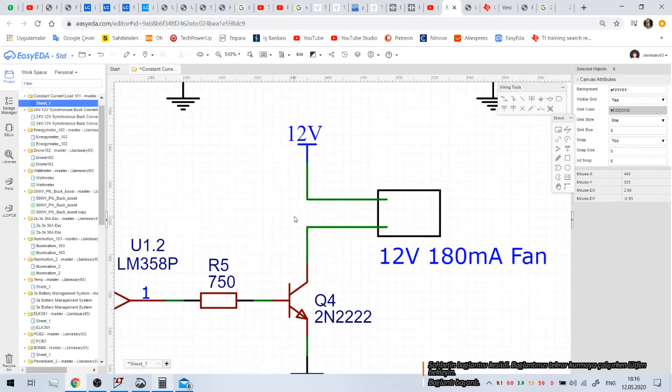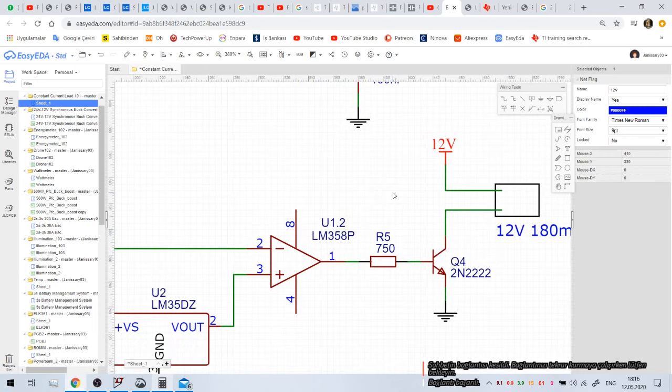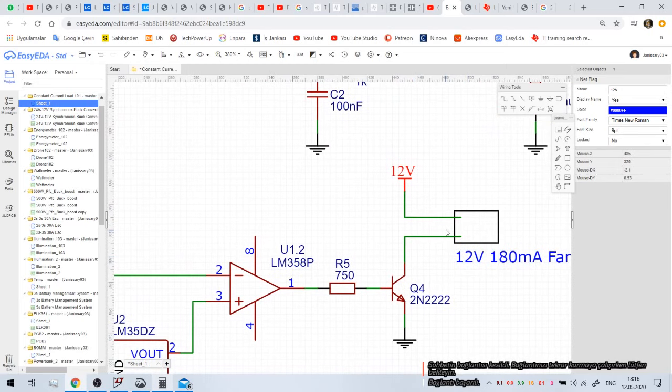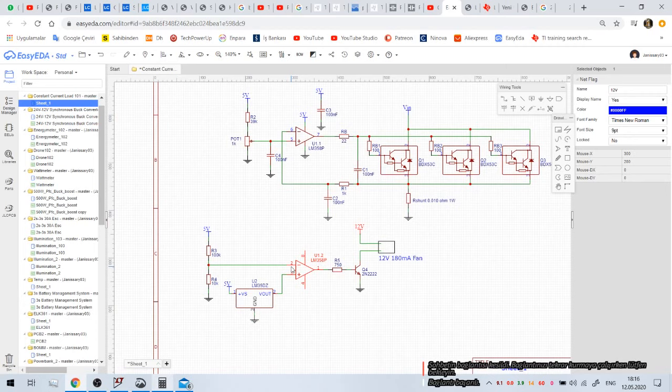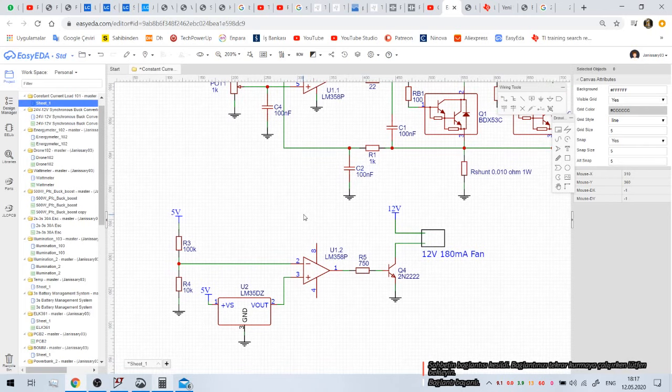Maybe not needed. It is working. It will work like this, but we can change something later with feedback from test results. Yes, that's it. I'm happy. We have done it, I can say.